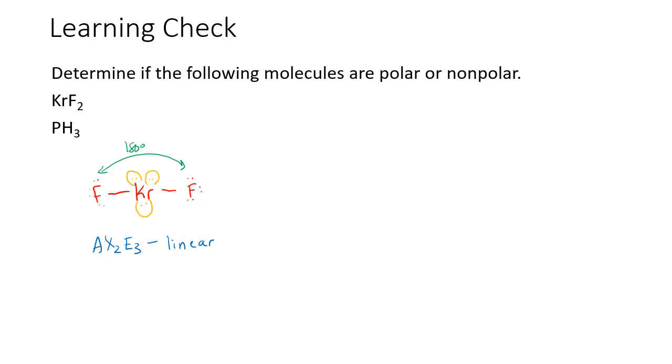The axial positions are also pulling in equal and opposite directions because both of the fluorines have the exact same electronegativity because they're the same atom. So here we have an example where there's great symmetry within the molecule. It's highly symmetrical. Therefore, it's a nonpolar molecule.